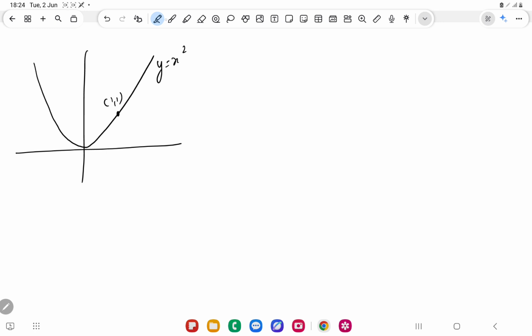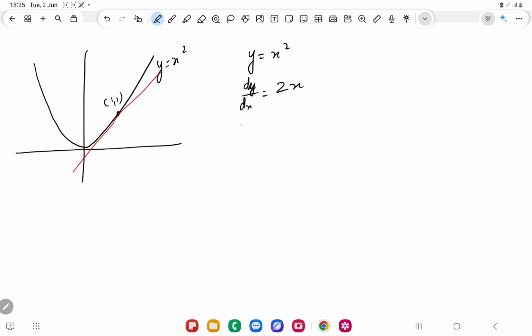So first of all, slope means this line. So I will find the gradient as well as the equation of the line. Gradient means I will be taking dy by dx. So I will write y is equals to x square. So dy by dx, that is nothing but my slope. According to the rule, it will be 2x.